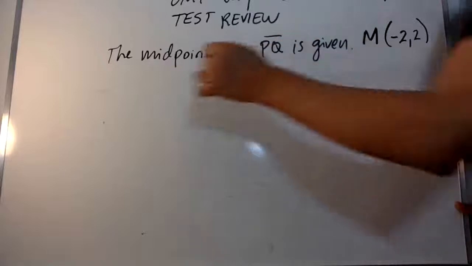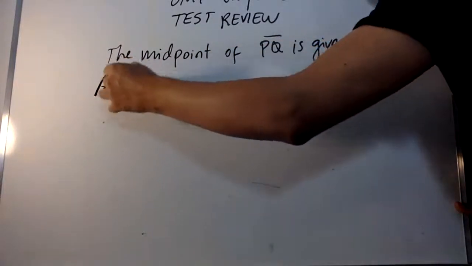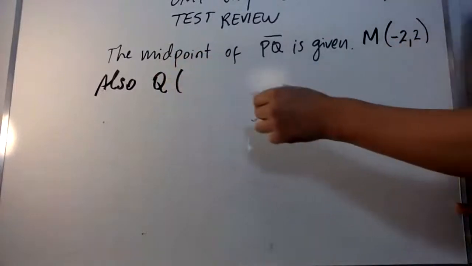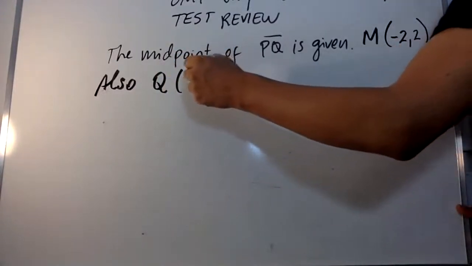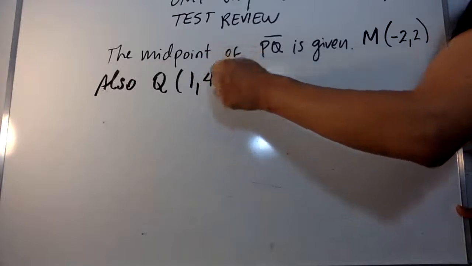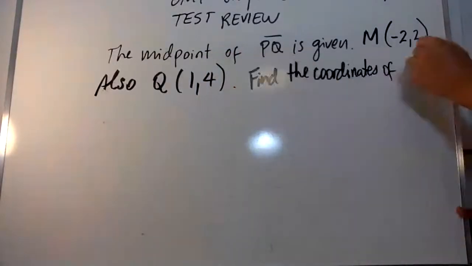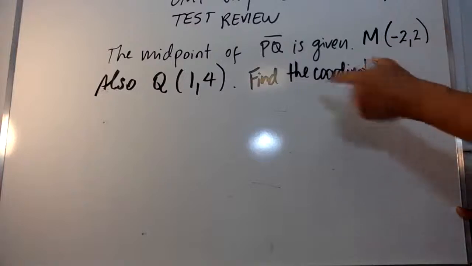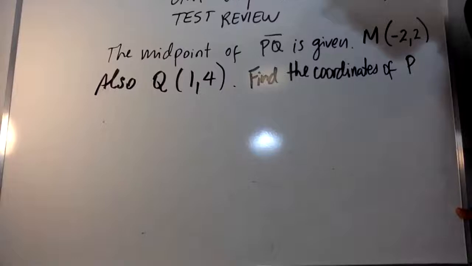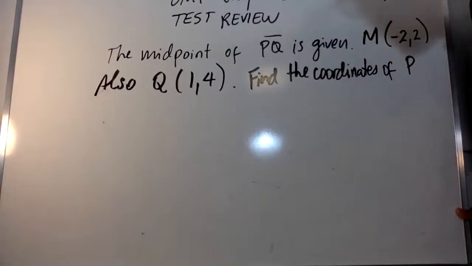Also, Q is located at 1, 4, all right? The other endpoint, which in this case is P, okay? All right, let's go for it.